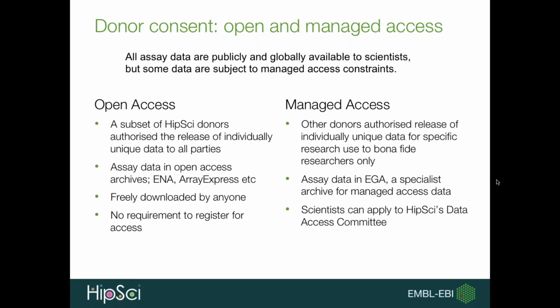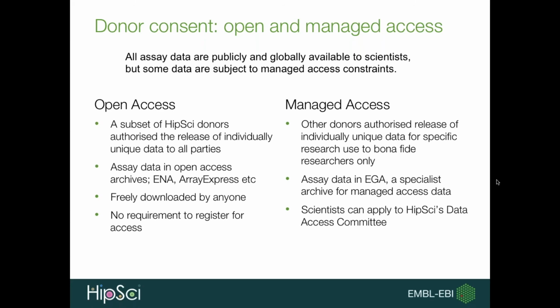On the other hand, our managed access data, this comes from other donors who authorized the release of their individually unique data, their genotypes, for specific research use to bona fide researchers only. And this means that all of this managed access assay data, we send it to the EGA, which is a specialist archive just for managed access data.